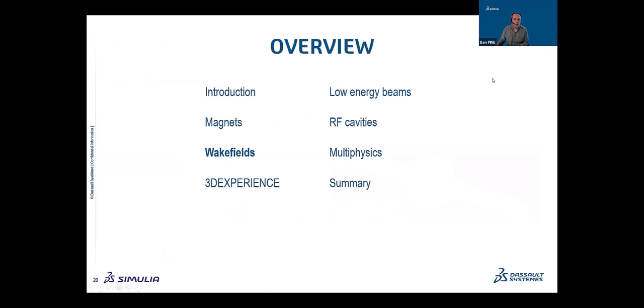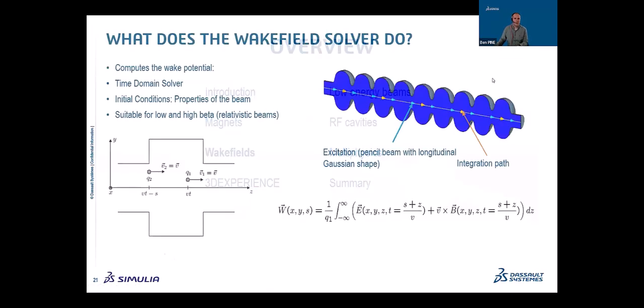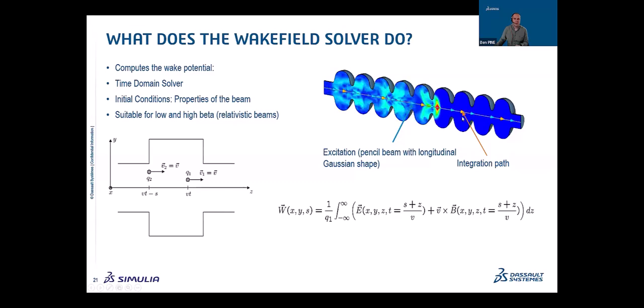So what about wake fields in cavities? There's a very nice animation here of a particle beam going through a 9-cell TESLA cavity, and you can see the extremely complicated wake field that the particle bunch is describing. The wake field solver computes the wake potential. It's a time domain solver, and its initial conditions are the properties of the beam. It's suitable for both low and high beta relativistic beams.